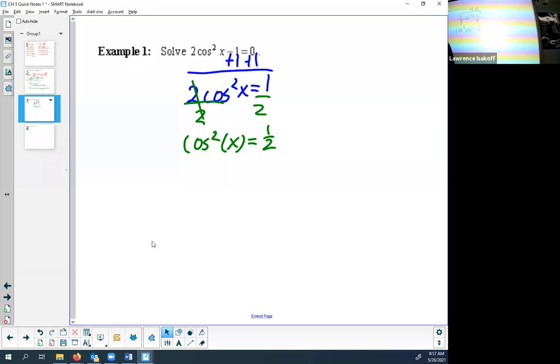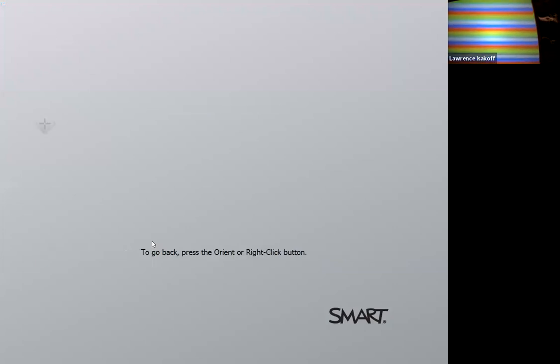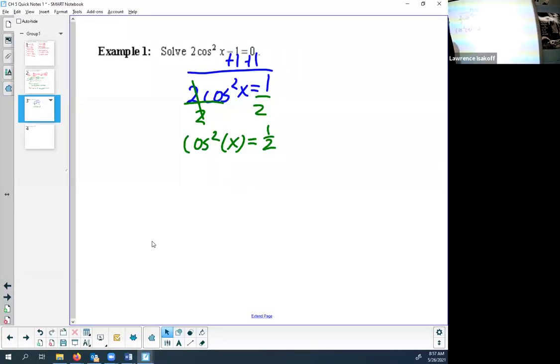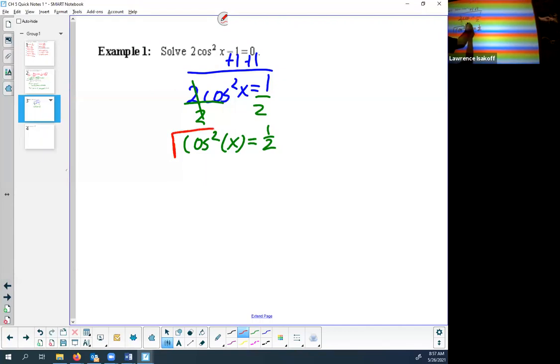So what I now need to do, let me recalibrate this, is I'm going to take the square root. And taking the square root, we're going to get something we don't recognize right away. But if we rationalize it, we should be able to find that value pretty quick off the unit circle.